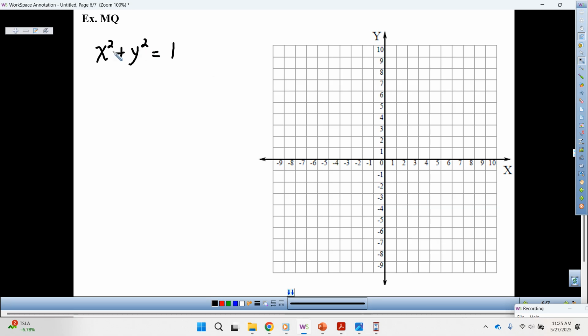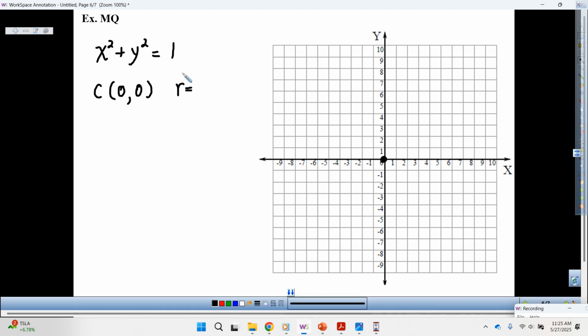So this is the function of a circle, which means we need a center and we need a radius. So tell your neighbor what the center is. Are there any numbers next to x and next to y? No, so the center is what? Mario. 0, 0, that is correct.